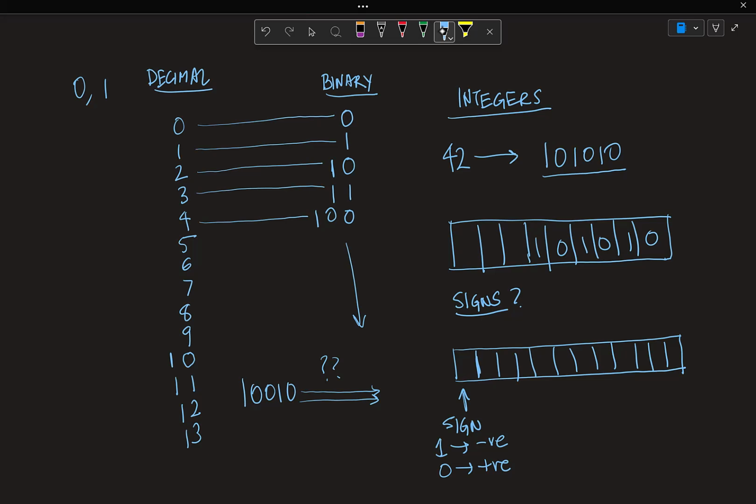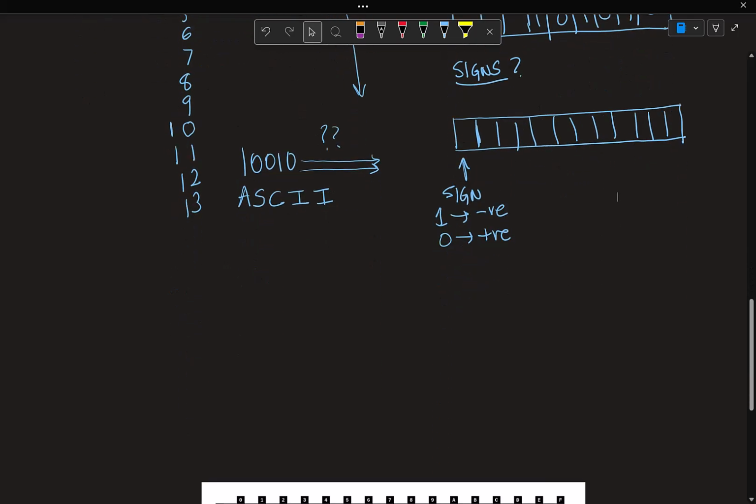And that code is known as the American Standard Code for Information Interchange. And it looks something like this.